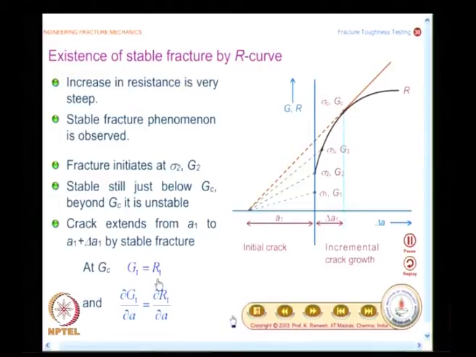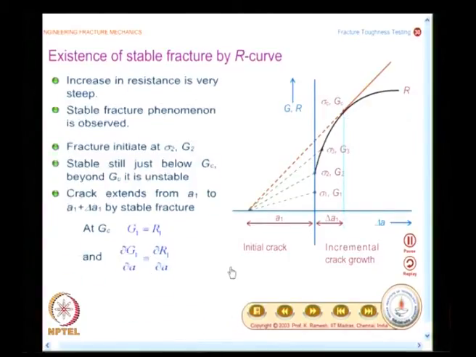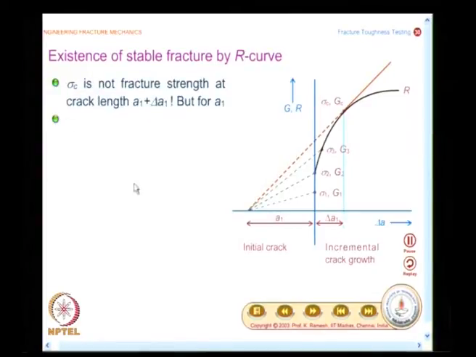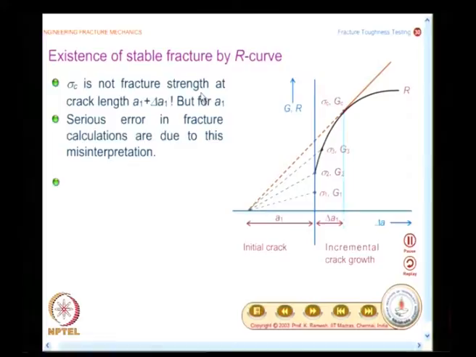G should be equal to R, that is the necessary condition, and the sufficient condition is dou G divided by dou A equal to dou R by dou A. So, that is satisfied when it becomes a tangent, and the issue you look at in the literature is that sigma c is not fracture strength at crack length A1 plus delta A1, but it is for A1.